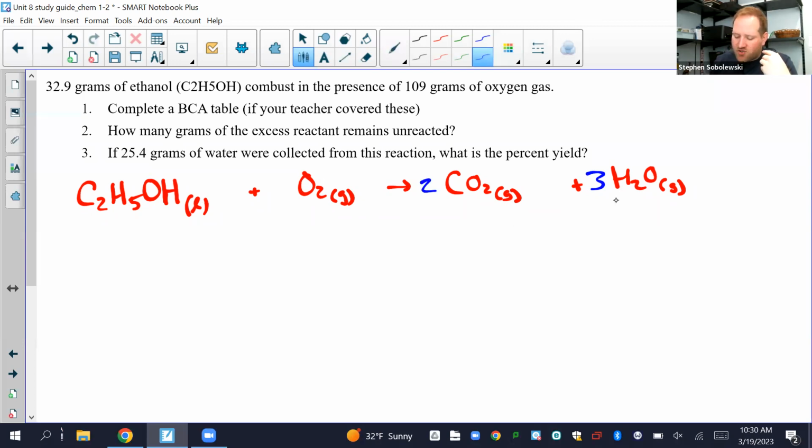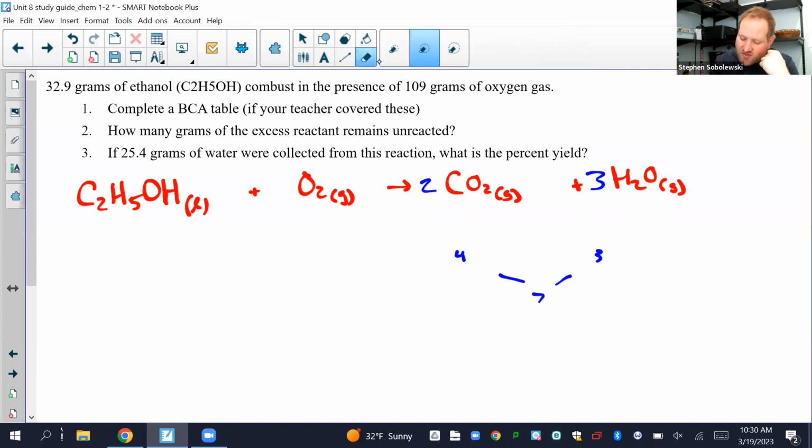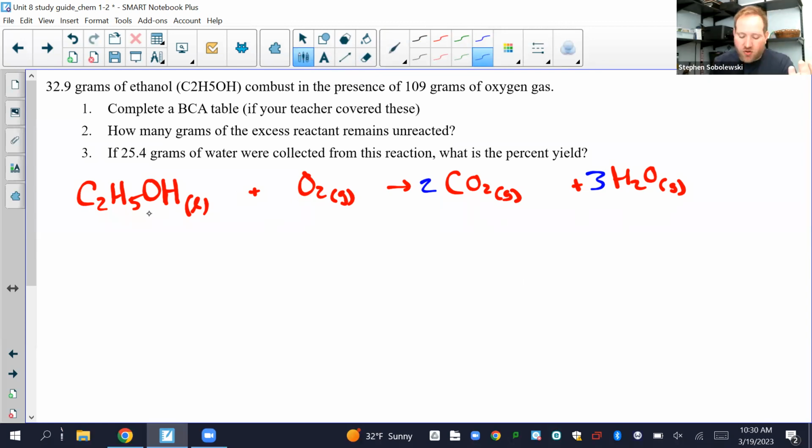Now let's add up our oxygens and see what we need. 2 O2s is 4, 3 O's is 3, 4 and 3 gives us 7. So we need 7 oxygens on the left side. Well, I have 1 here and 2 there, so I need 4 more essentially. I mean, I need to get to 7 is where my logic is. Now, I could put numbers in front of this to get myself up to 7, but I don't want to do that because that's going to mess up my C's and H's.